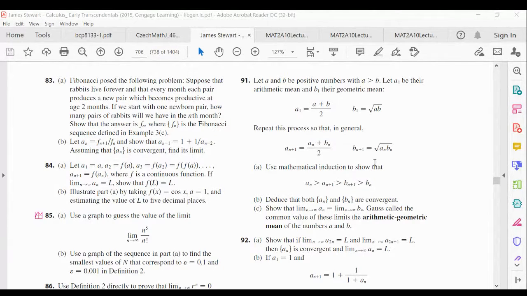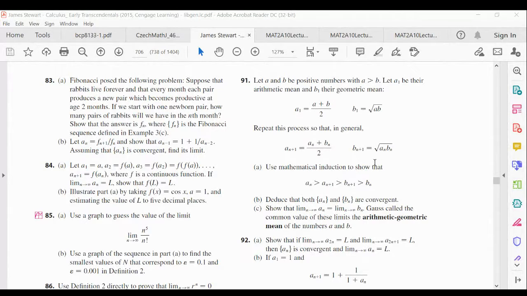So let's look at what they describe here. Fibonacci posed the following problem. Suppose that rabbits live forever, right? So in other words, even if we are talking about 713 months from now, the rabbits that we had in the first month will still be around because they live forever.